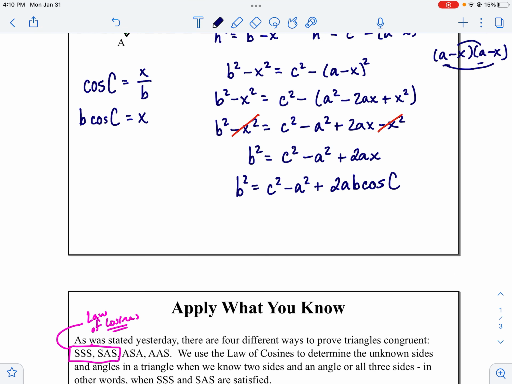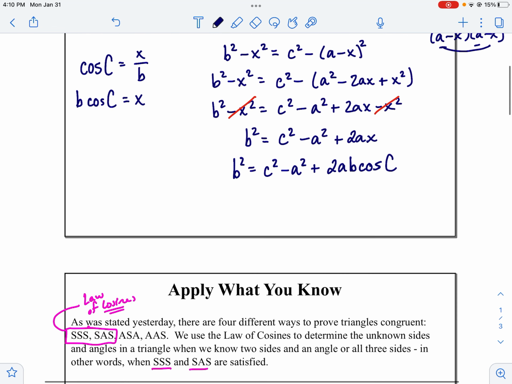Now, the only thing is we tend to do a little bit of manipulating on that, okay? The one thing that we tend to like to do is, and so this technically is the law of cosines, but the way you're going to see it written is, when you have angle C right here, what we actually want to do is get the c squared and the c on opposite sides.